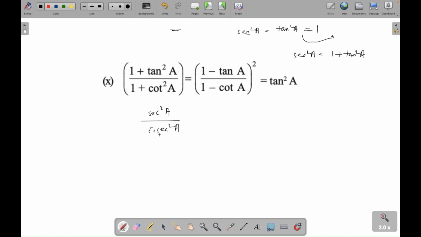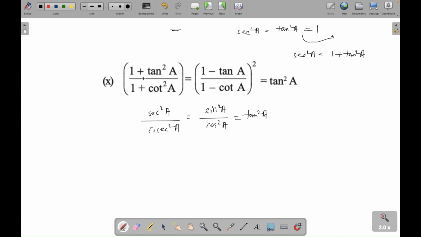Now sec square A upon cosec square A. So sec square A is 1 upon cos square A, and cosec square A is 1 upon sin square A. So sin square A will come at the top and cos square A below. This becomes tan square A, right?